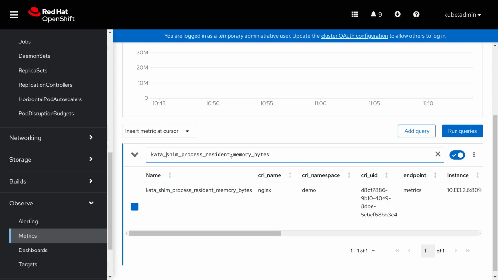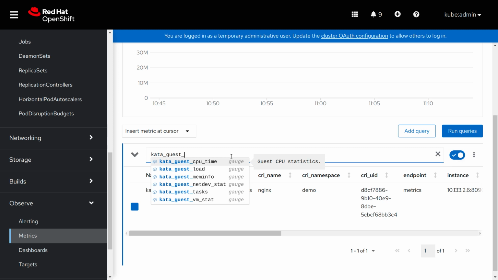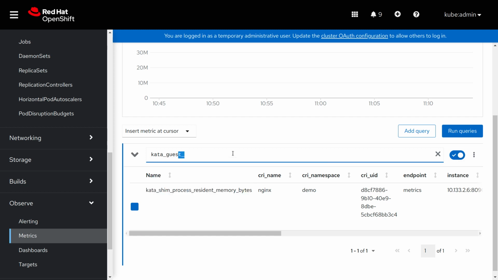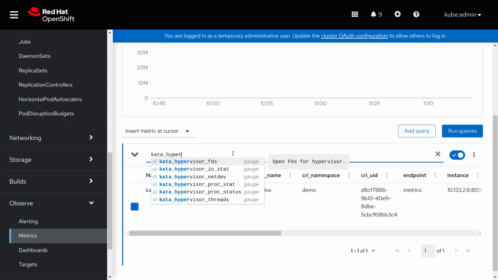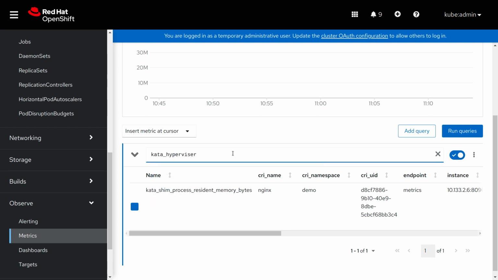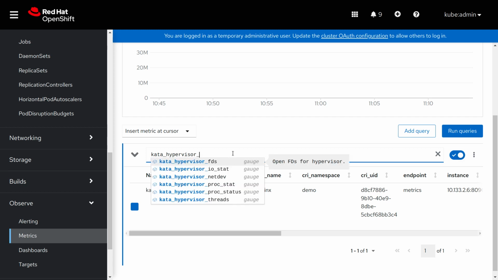So some other examples. You will see the Kata guest metrics, which are related to the operating system running inside the VM. And then we have specific process information. Kata hypervisor metrics are all the metrics related to the QEMU process that we are using in Sandbox Container to run the VM.